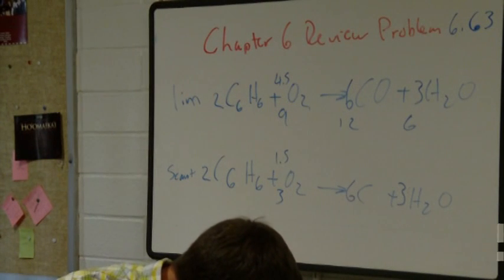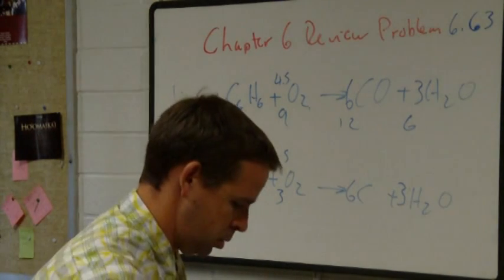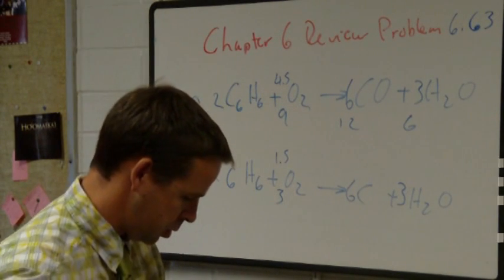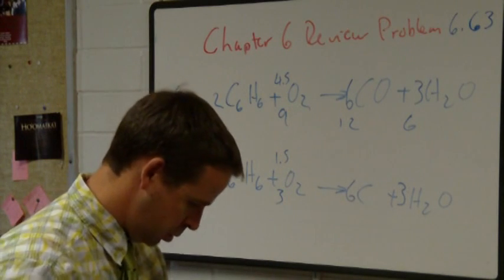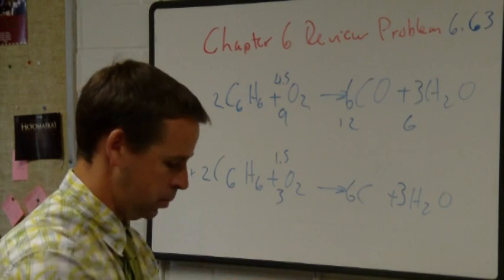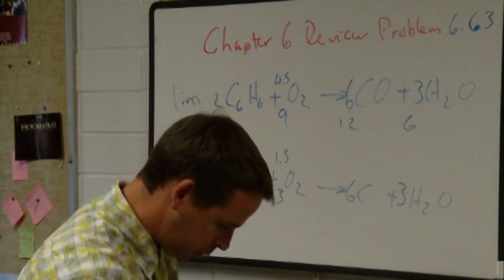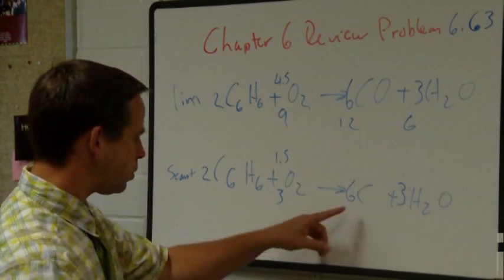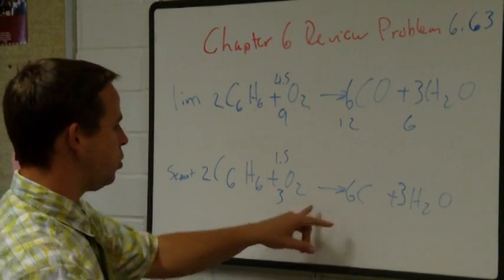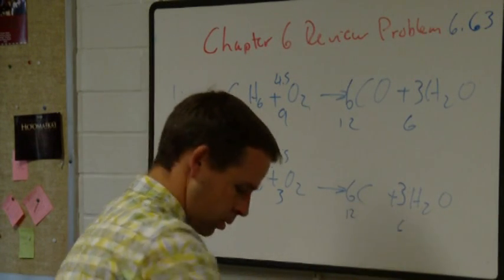663, the 2, 3, where is it? Oh, 2, 3, this needs to be multiplied by 2. 12 and 6. 2, 3, 12, and 6.